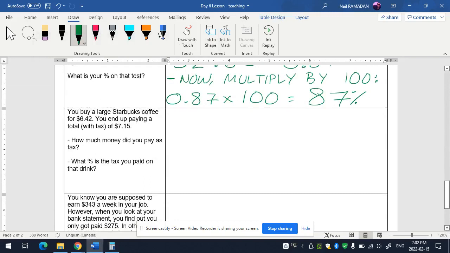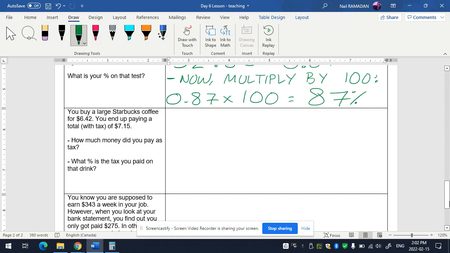Okay, back to Starbucks. You buy a large Starbucks coffee for $6.42. You end up paying how much? When you were looking at the menu price, how much was the menu price?